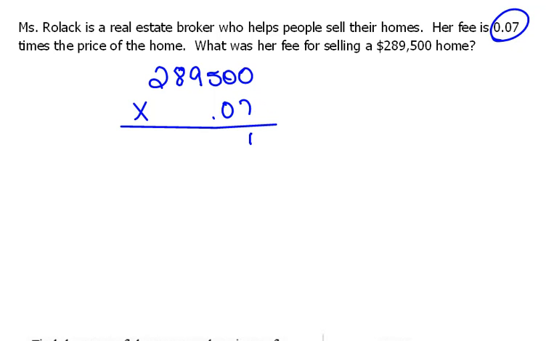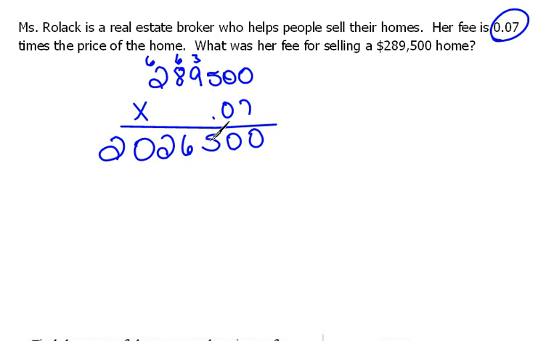So 7 times 0 is 0. 7 times 0 is 0. 7 times 5 would be 35. 7 times 9 would be 63. Plus 3 would be 66. 7 times 8 would be 56. Plus 6 would be 62. 7 times 2 would be 14. Plus 6 would be 20.